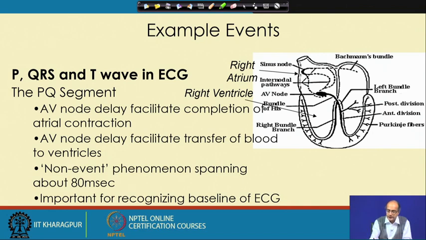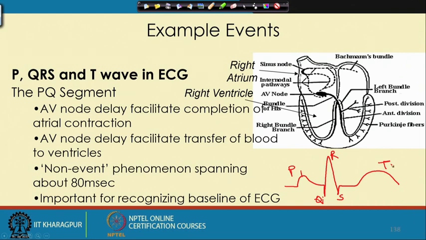That means, in the signal we have seen, P, Q, R, S, T, here is the P to Q. So, there is a time lag between the P wave and the QRS complex, or the starting point of the QRS complex. That time is the gap between the two events.